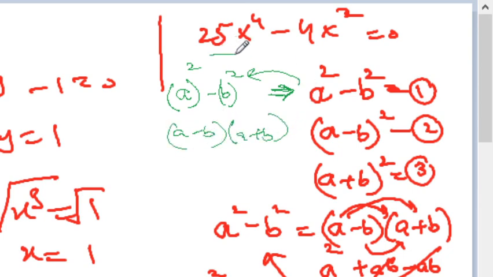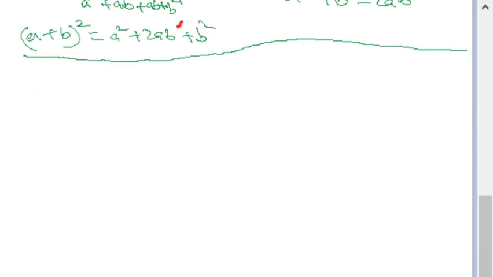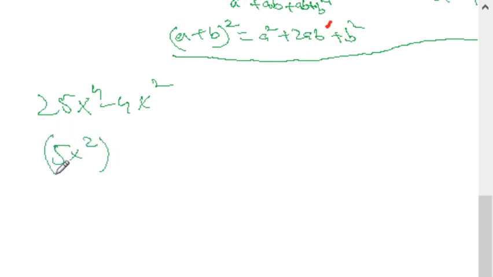Now look at this thing. 25x^4 minus 4x^2 equal to 0. This is the same formula. If I write here 5x^2 whole square minus 2x whole square, I can do this thing, and it's equal to 0.